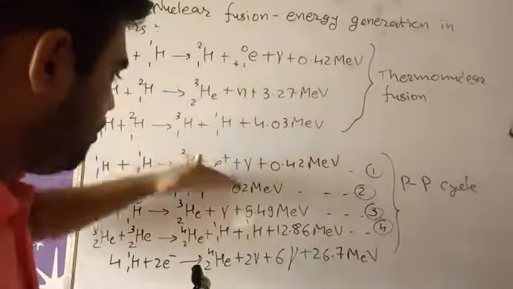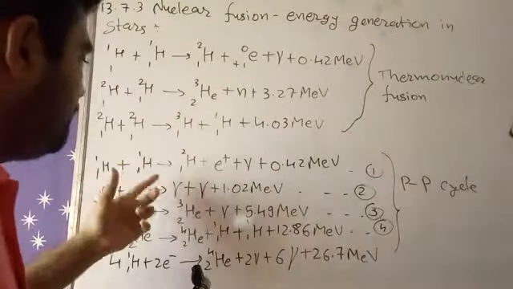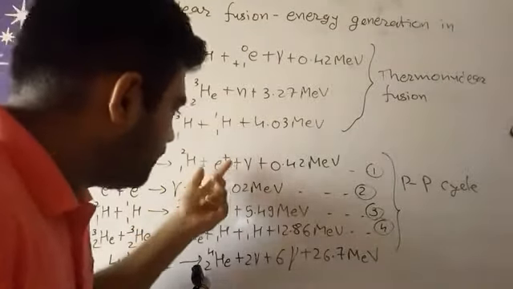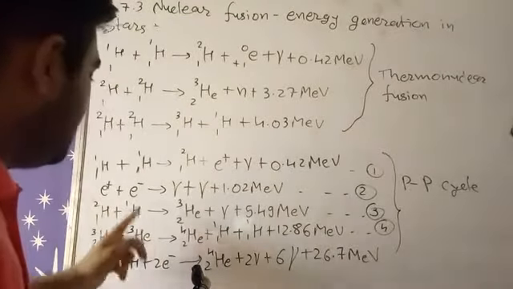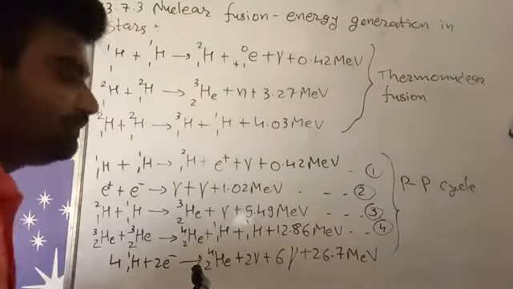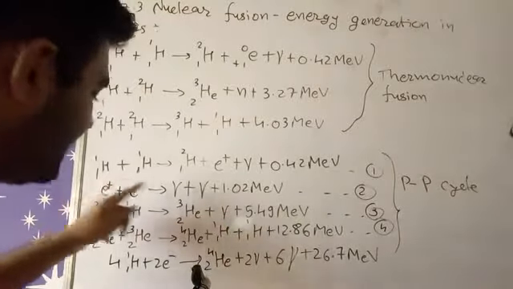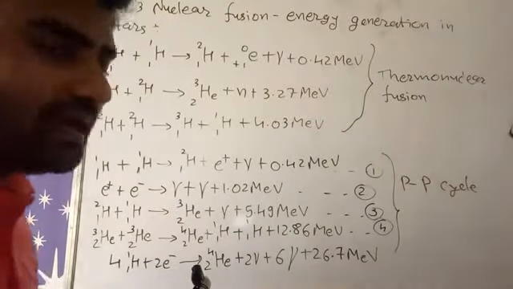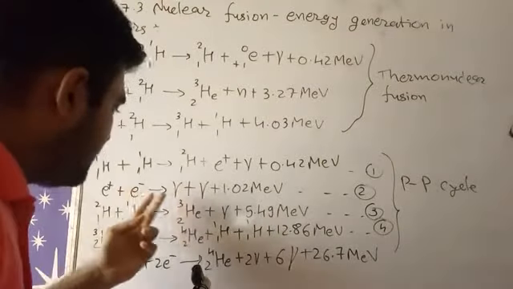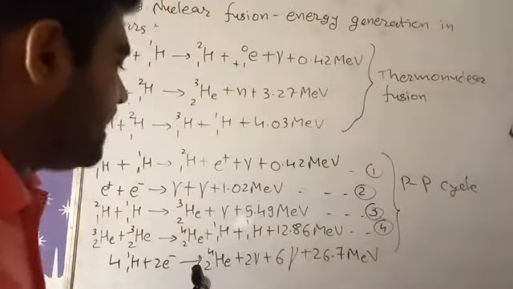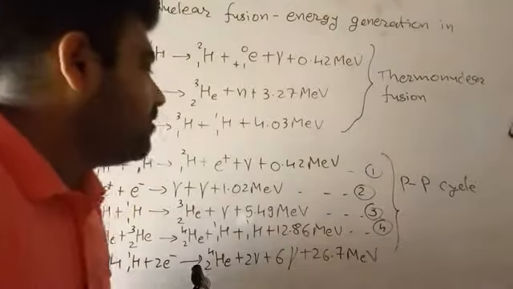So it is completely copy paste. Now here the positron comes with an electron. There will be a Coulomb attractive force, because unlike charges attract each other. They come together and form two gammas and give this amount of energy.